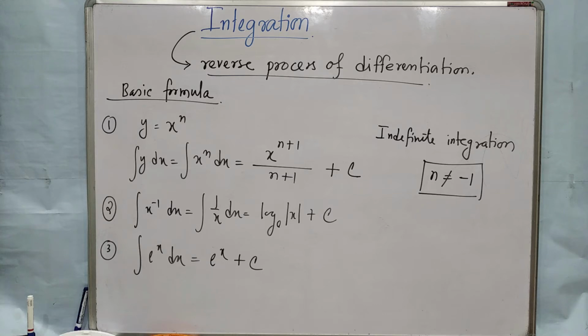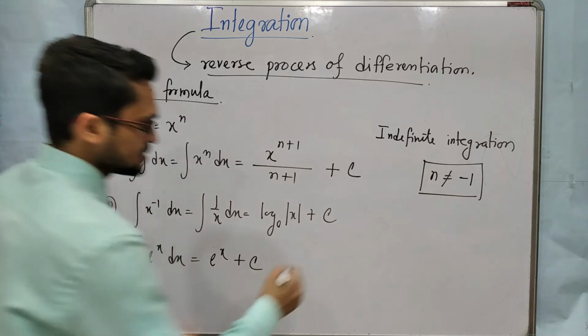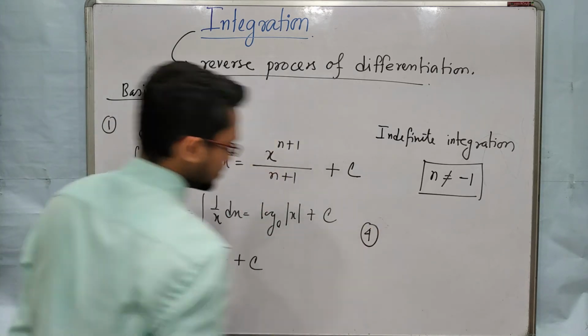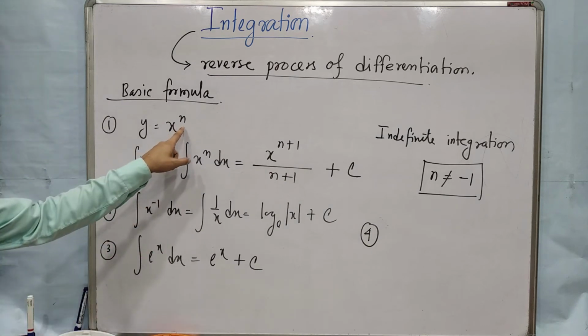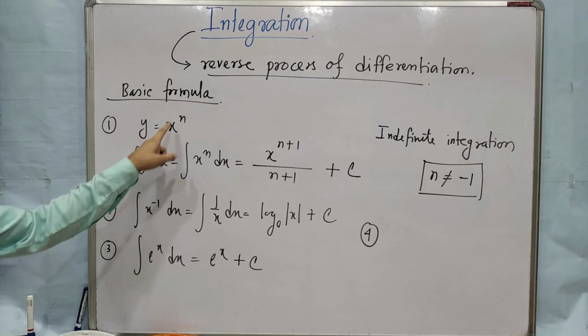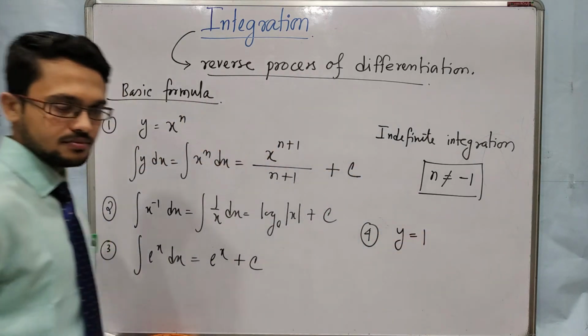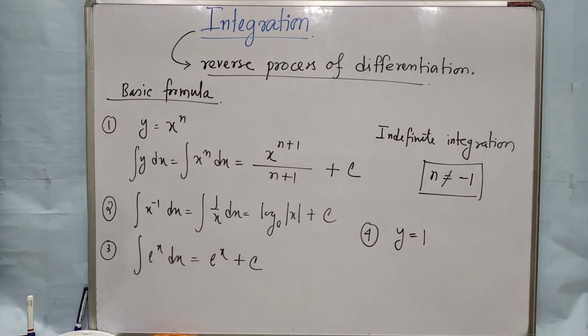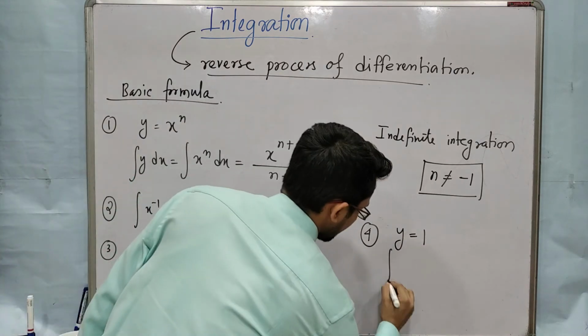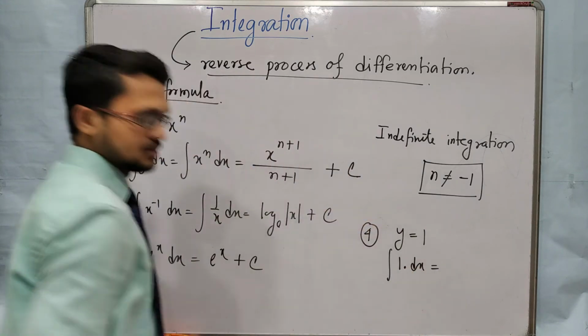Another very important formula comes from the first formula. I am writing that as 4. Suppose n equals 0, then y will be x to the power 0, that means y equals 1. Okay, x to the power 0 means 1. So integration y dx means 1 into dx, simply integration dx.